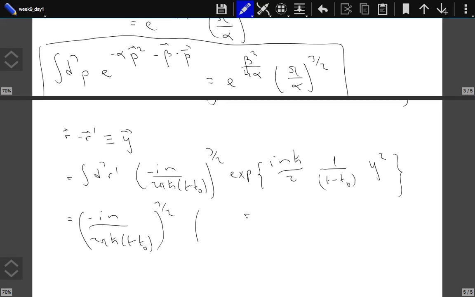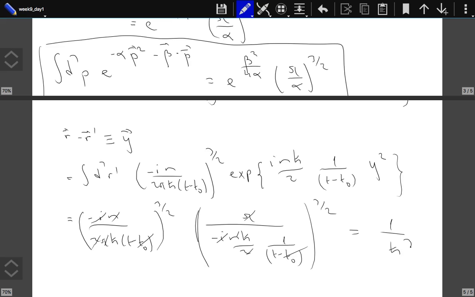And what I have left is pi over alpha, where alpha is -i m / 2ħ times 1 over (t - t0), to the power 3 halves. Well, minus i's cancel, m's cancel, the pi's cancel, this 2 cancels this 2 over here, the t minus t0s just cancel each other. Apparently I made a mistake before, so this is 1 over ħ cubed.